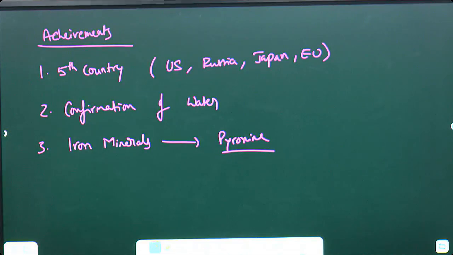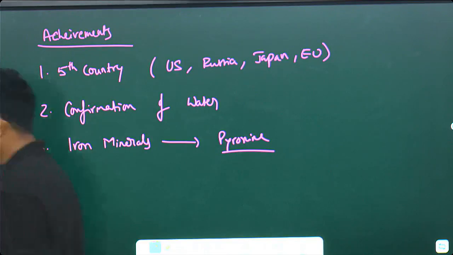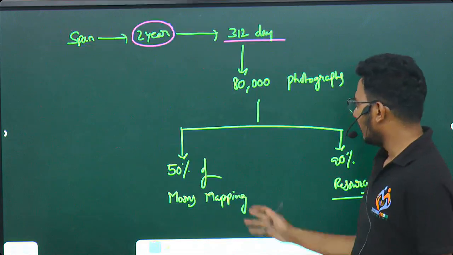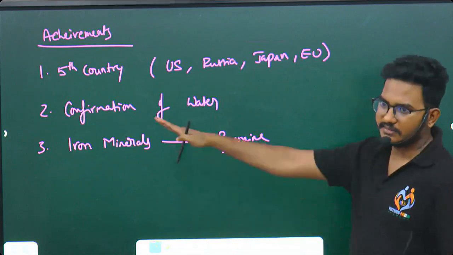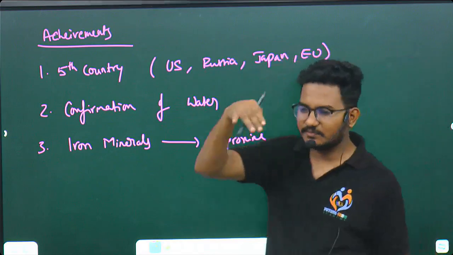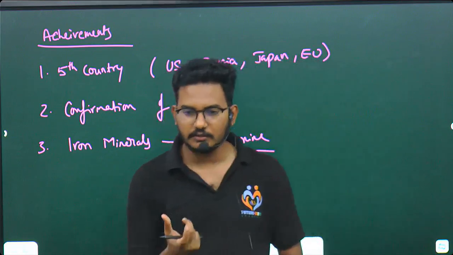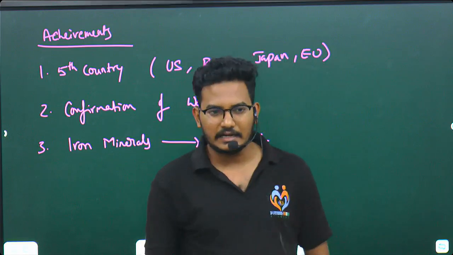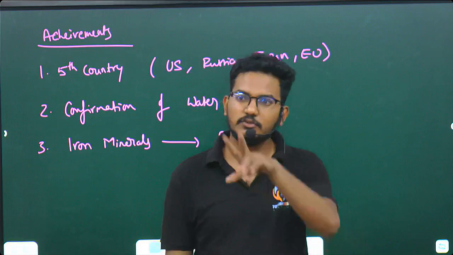Okay. Next, people had already sent satellites to the moon orbit: USA, Russia, Japan, and European Union. These people told me that the moon surface has only craters. Craters means, I have already told you Earth has two advantages.